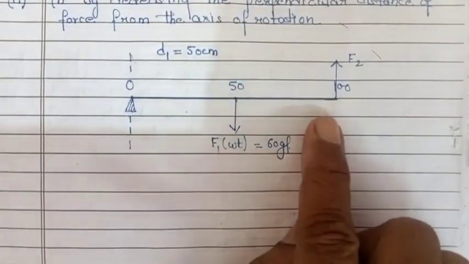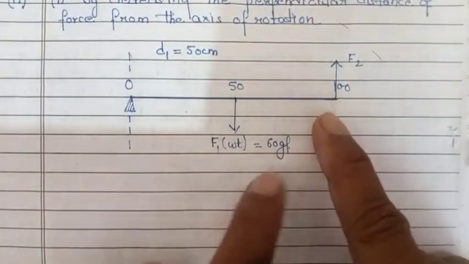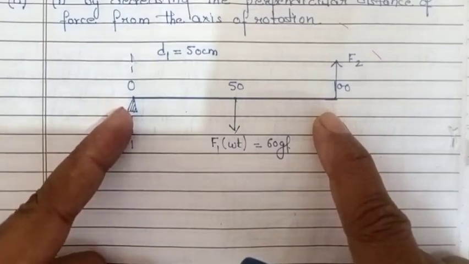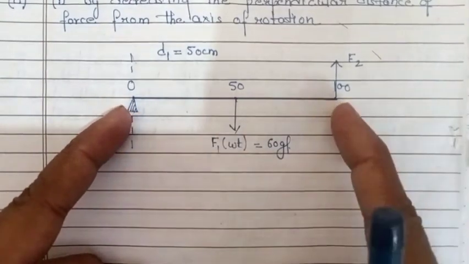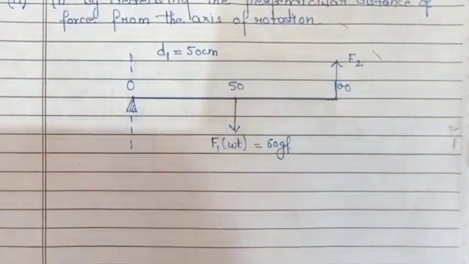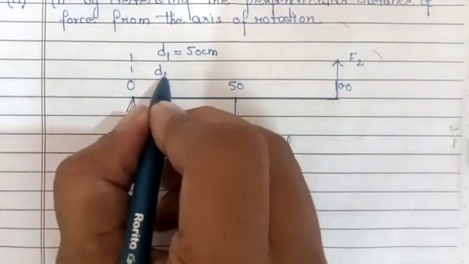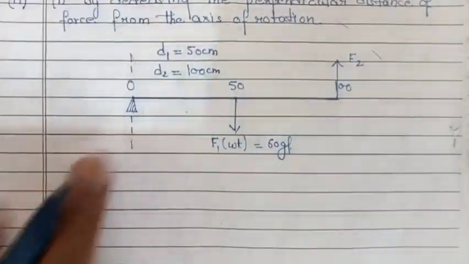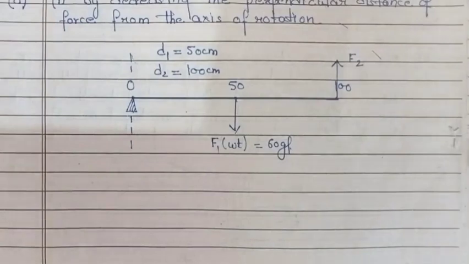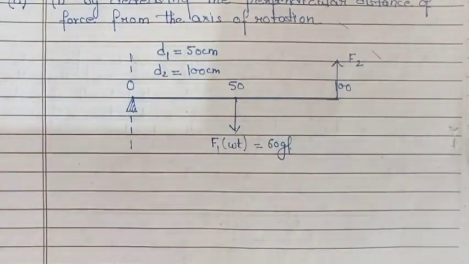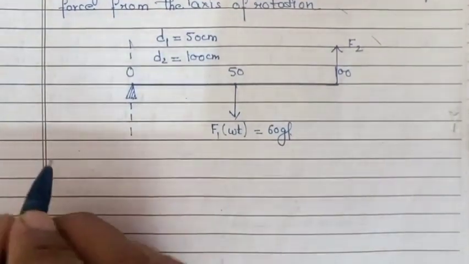Now if we have to get the distance of the second force, again the distance should be measured from the fulcrum only. So from the fulcrum to the second force, this distance d2 will be 100 centimeter. d2 is the distance of the second force. Remember, whenever you get the distance of the two forces from the axis of rotation, it should be from the fulcrum only.